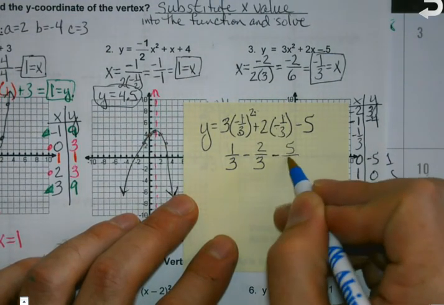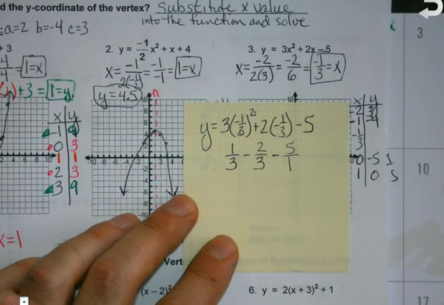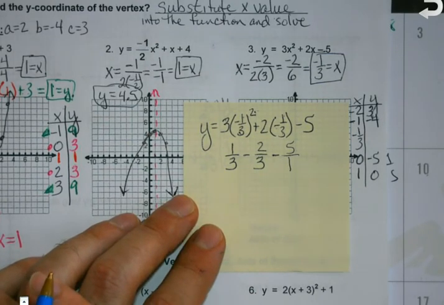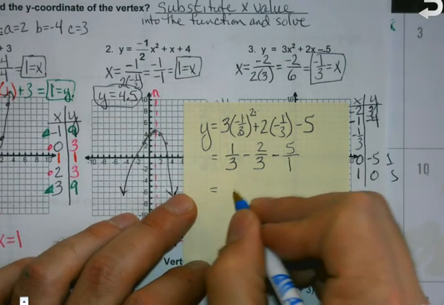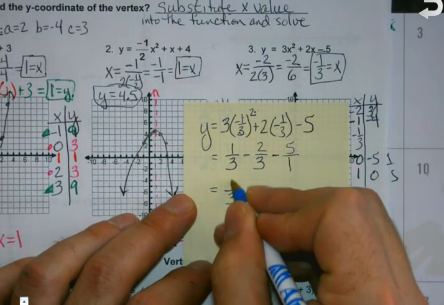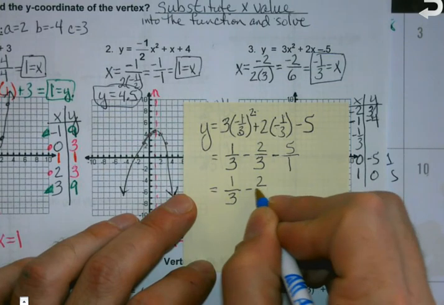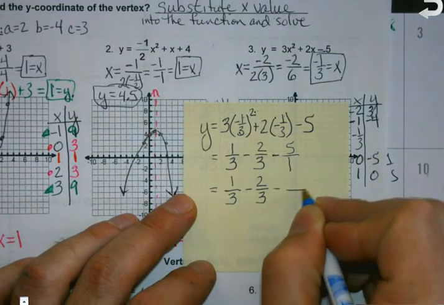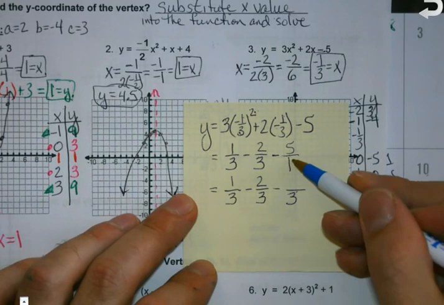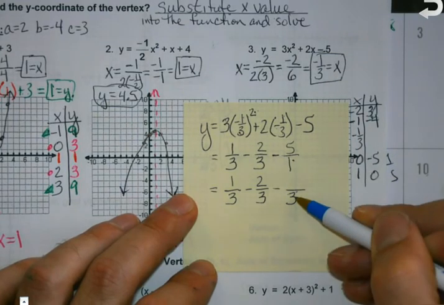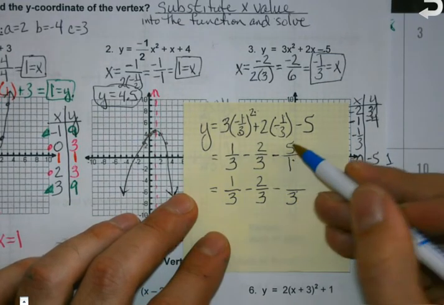The 5 isn't in thirds. I need a common denominator in order to simplify this, which is going to be what? 3. Well, the nice thing is, the first two fractions are already in thirds. What do I multiply 1 by to get to 3? 3, so I do the same thing up here.